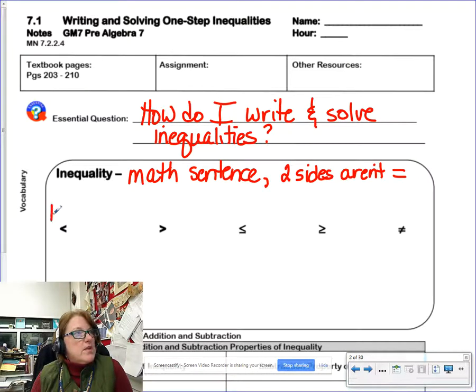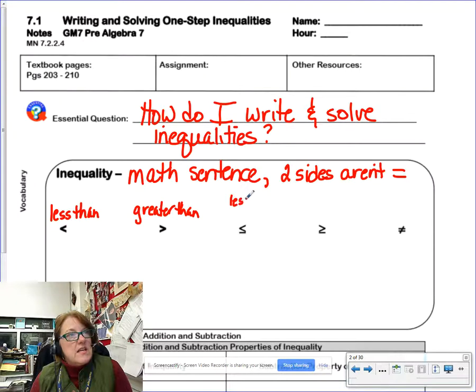Here's how we read these. The first one, less than. Next one is greater than. When it has half of the equal sign in there, then we say less than or equal to.